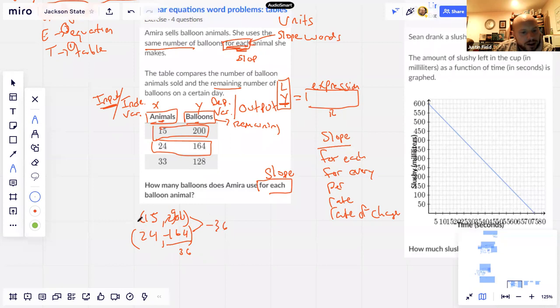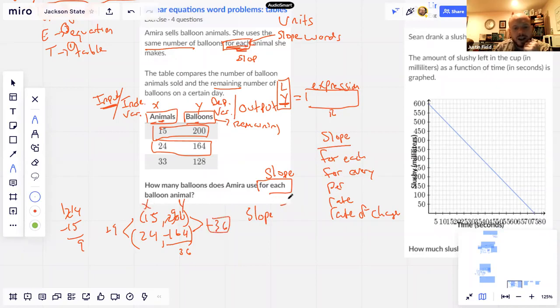And then 24 minus 15 is 9. I should know that. Plus 9. So 9 animals use 36 balloons. So the slope is the y over the x.